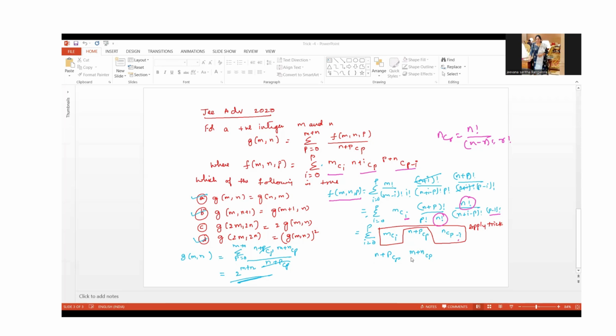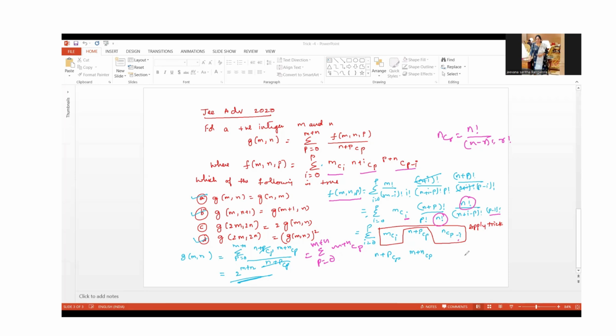Now we go back to the g of m, n definition and plug in f of m, n, p, and that simplifies to 2 raised to m plus n, because we end up having sigma p equals 0 to m plus n of (m+n)Cp. It's a binomial coefficient summation whose value is 2 raised to m plus n.